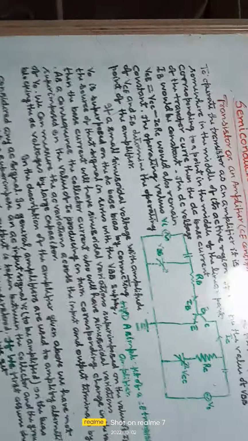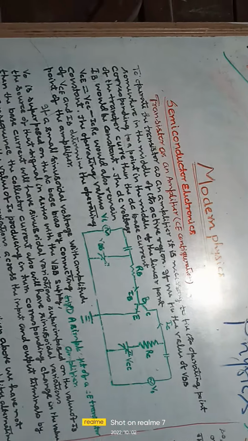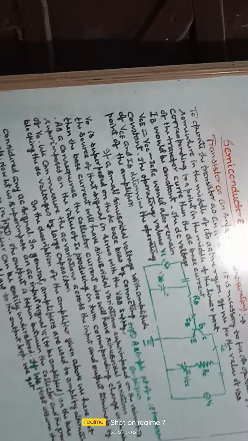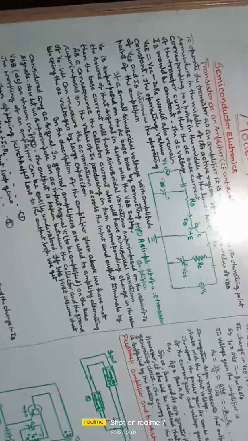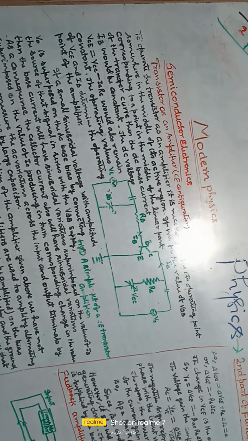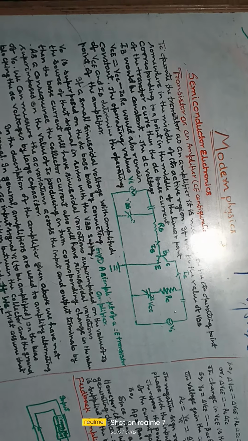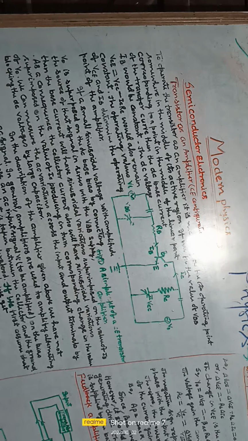Today we shall study about the transistor as an amplifier in the semiconductor electronics chapter of modern physics. To operate the transistor as an amplifier, it is necessary to fix its operating point somewhere in the middle of its active region.